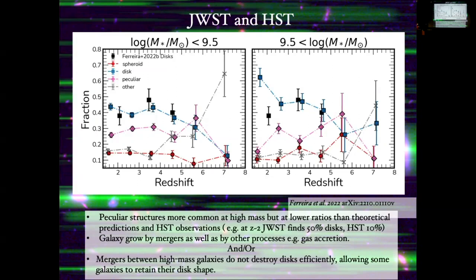So there can be a physical explanation, in that some galaxies grow by other things, which we kind of knew. But again, this points to the need for more observations that will allow us to identify whether this is a sample selection effect or something different.